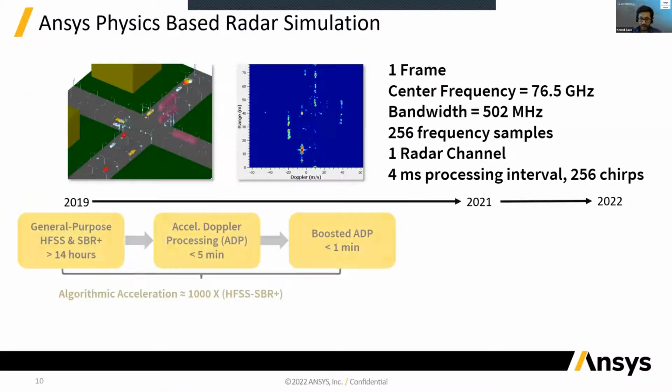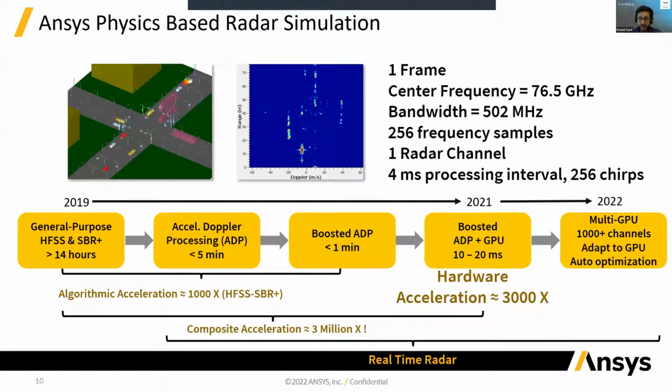How does this all work? As I previously said, at the very beginning we had what we called HFSS SBR+. Through algorithmic accelerations and optimizations, a factor of 1,000 improvement has been achieved to solve this specific frame. A typical scenario. It's not just a corner reflector or whatnot. No, it's really a typical complex scenario encountered in real life.